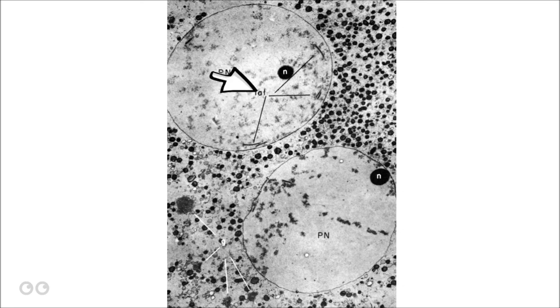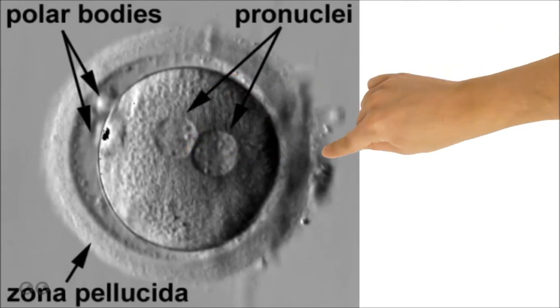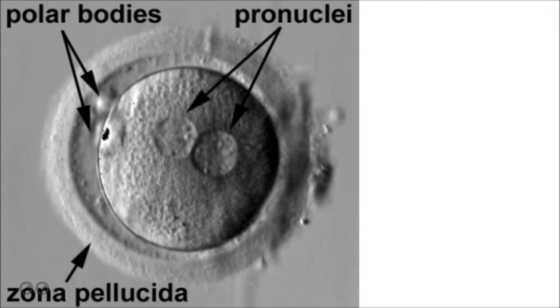In the cytoplasm adjacent to the pronuclei, numerous organelles are present, including portions of a Golgi complex labeled G. The haploid cell that is nearly a mature ovum, produced by completion of the second meiotic division of a secondary oocyte and characterized by the presence of the male and female pronuclei, is now called an ootid.